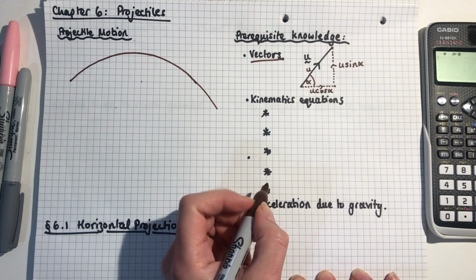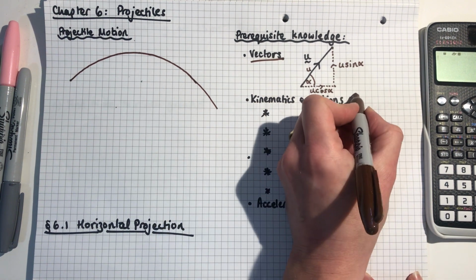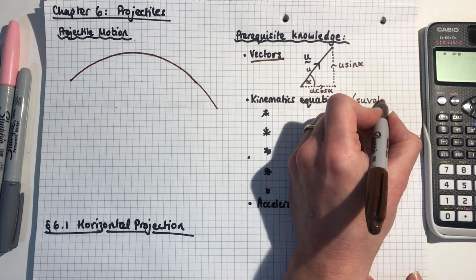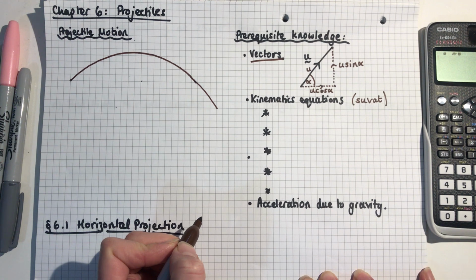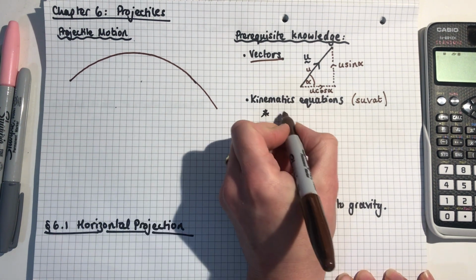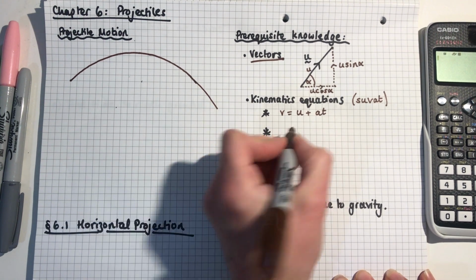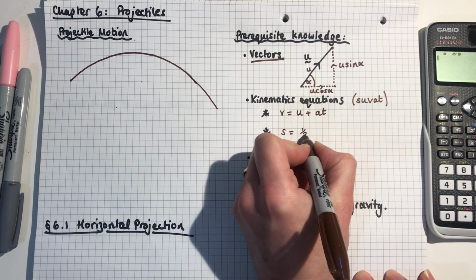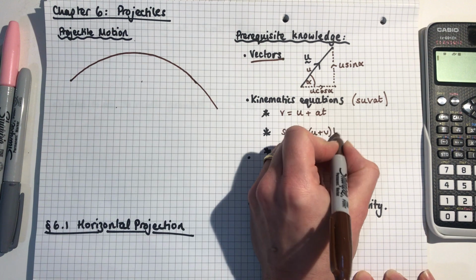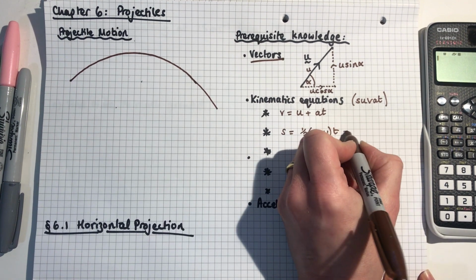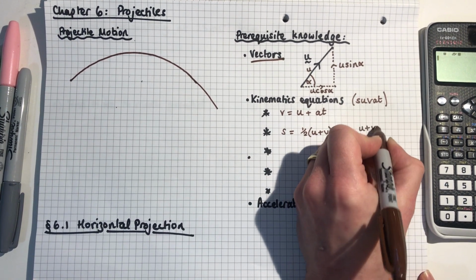You also need to know your kinematics equations, sometimes called the SUVAT or the UVAST equations. So let's remind ourselves what they are. We've got things like v equals u plus at. We've got s equals half (u plus v)t, which you may instead have seen written something like this.